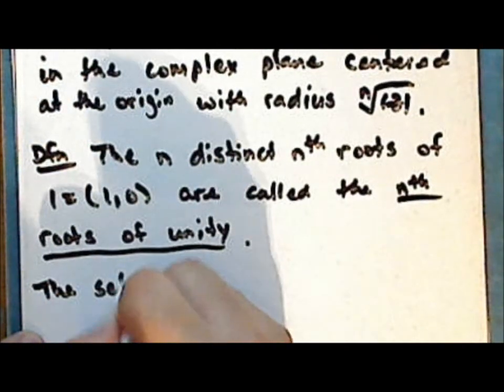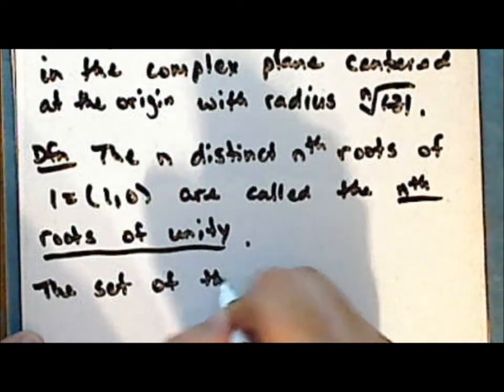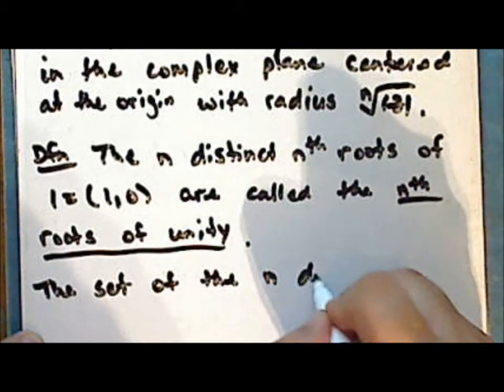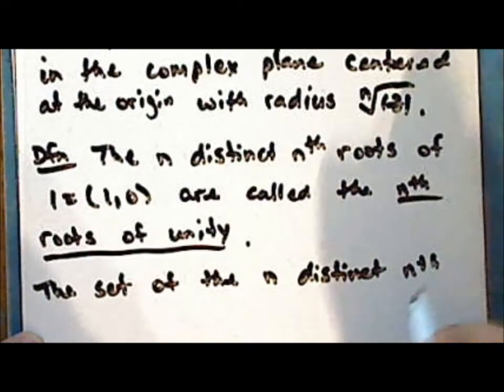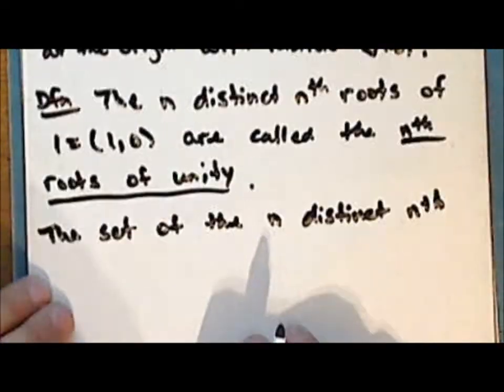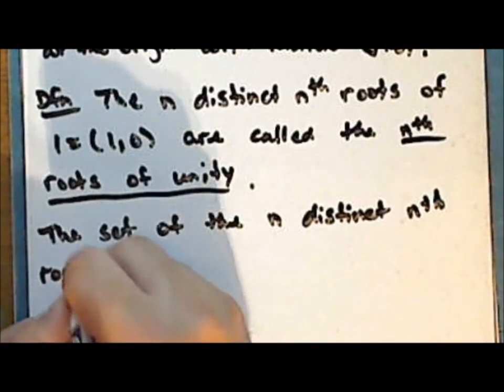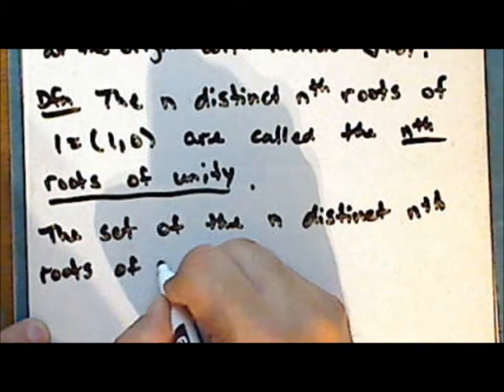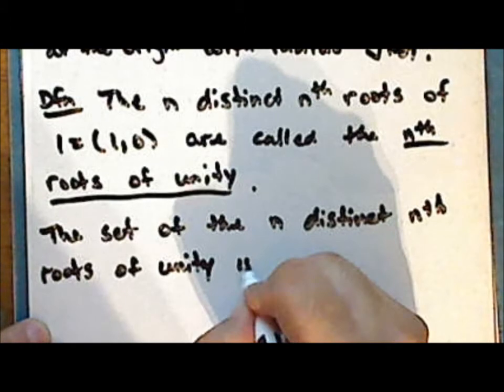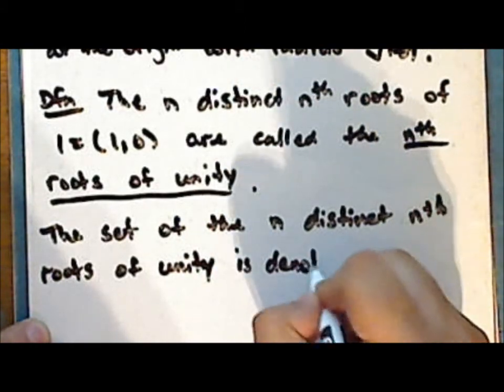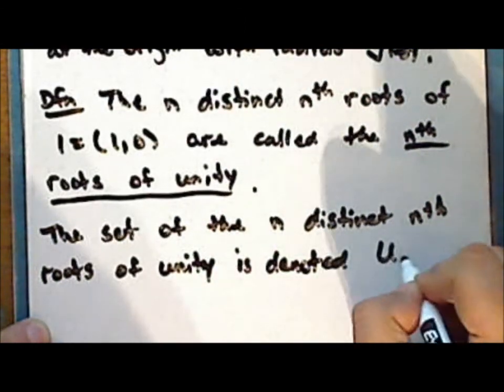The set of the n distinct nth roots of unity is denoted U sub n.